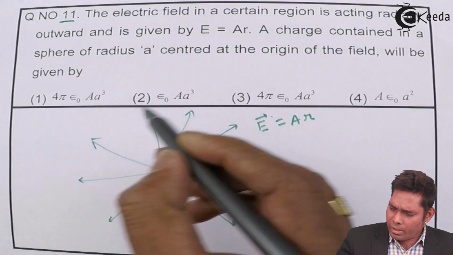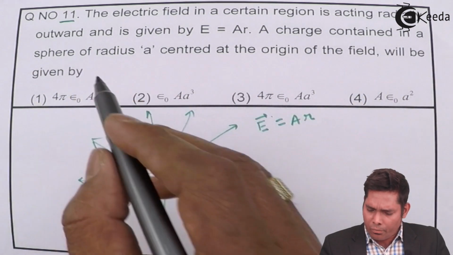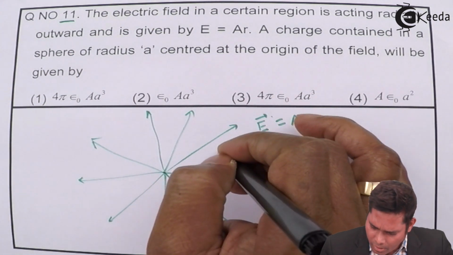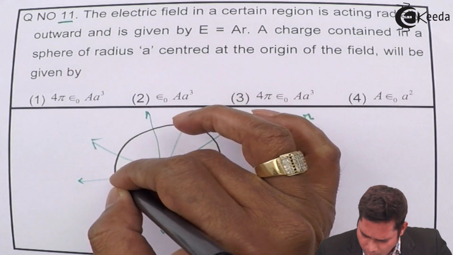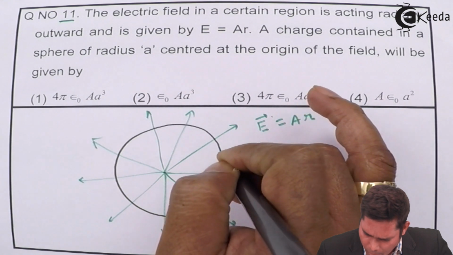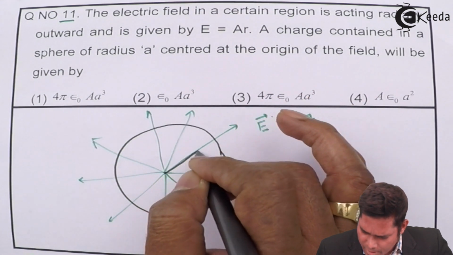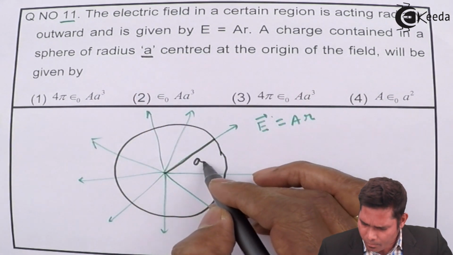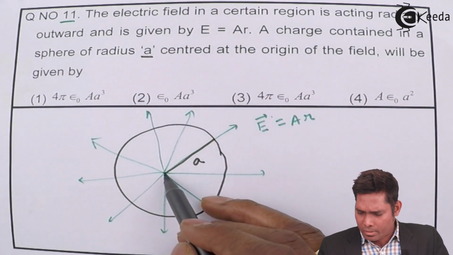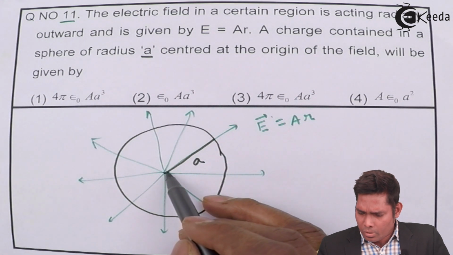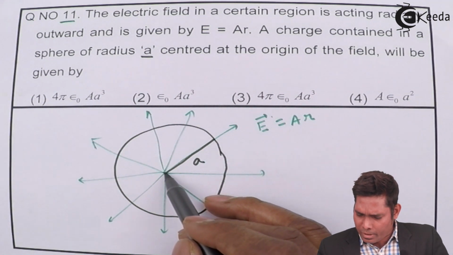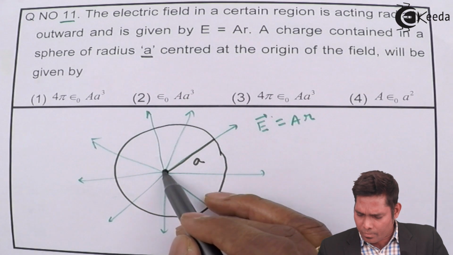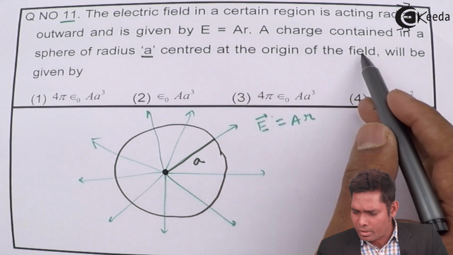If I draw a sphere of radius equal to A, centered at the origin, the charge is contained inside it.